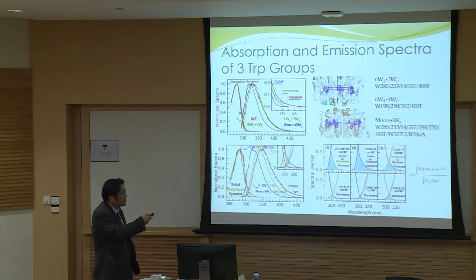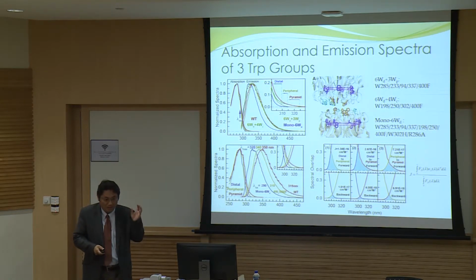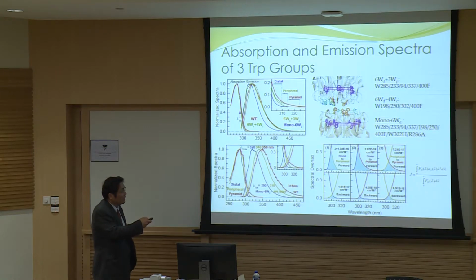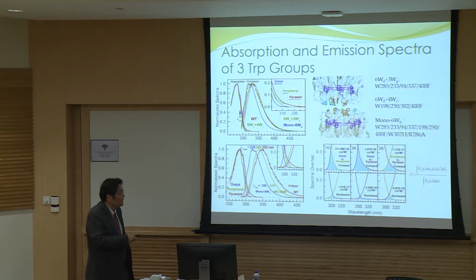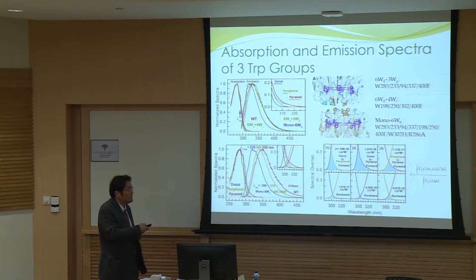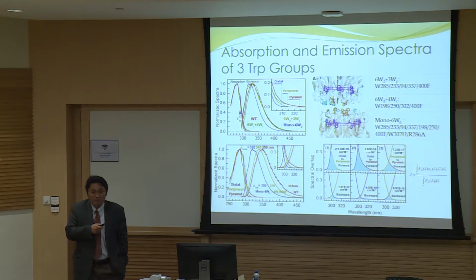So basically, we keep this 6WD plus 3P, and we can lock out all these 4 pyramid tryptophans. And when we write 6WD plus 4WC, basically we can lock out these 3 peripheral tryptophans. We leave this pyramid at the interface, and keep this 6WD. And as long as you are without 285 and 233, this molecule always dies, no matter what they're doing.